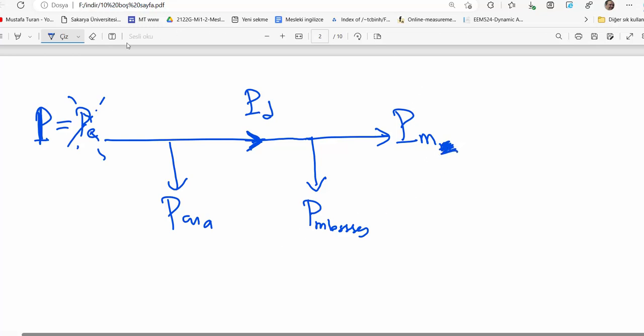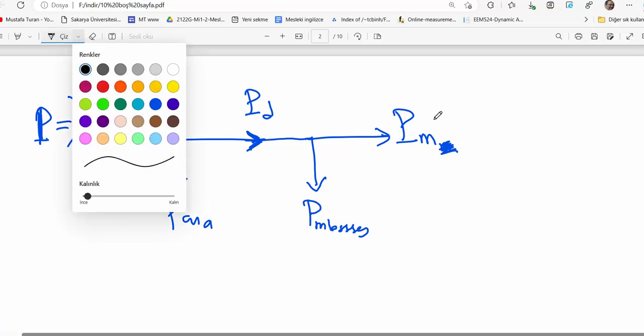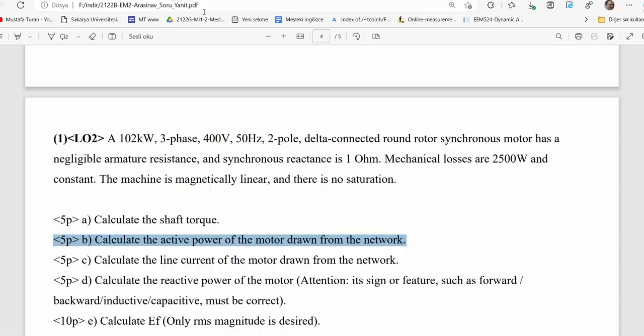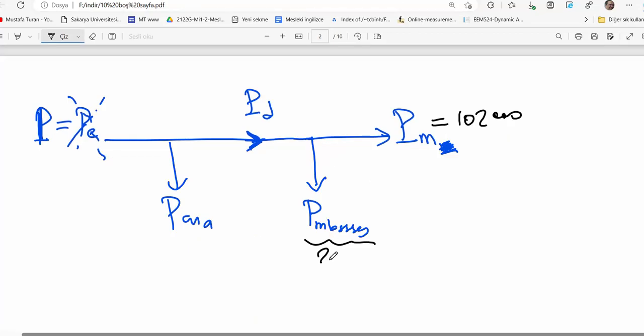Okay, ladies and gentlemen, here it is given 102 kilowatts. Mechanical losses were given as 2500 watts. So all those make such a power in armature, generated, induced.